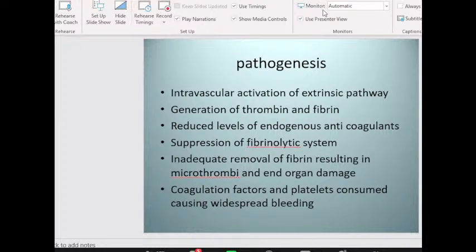I also didn't talk about platelets. Acquired hemostatic disorders, we would look at thrombocytopenia and look at the various causes, acquired causes of thrombocytopenia.